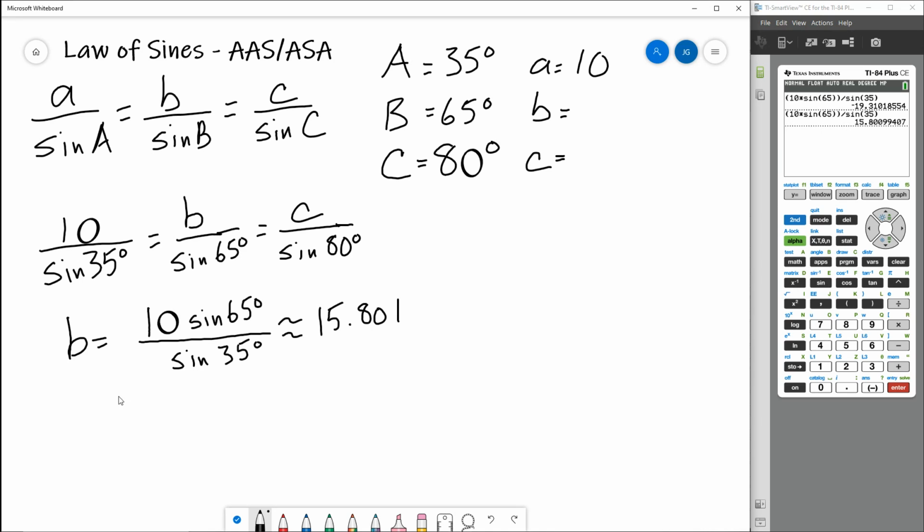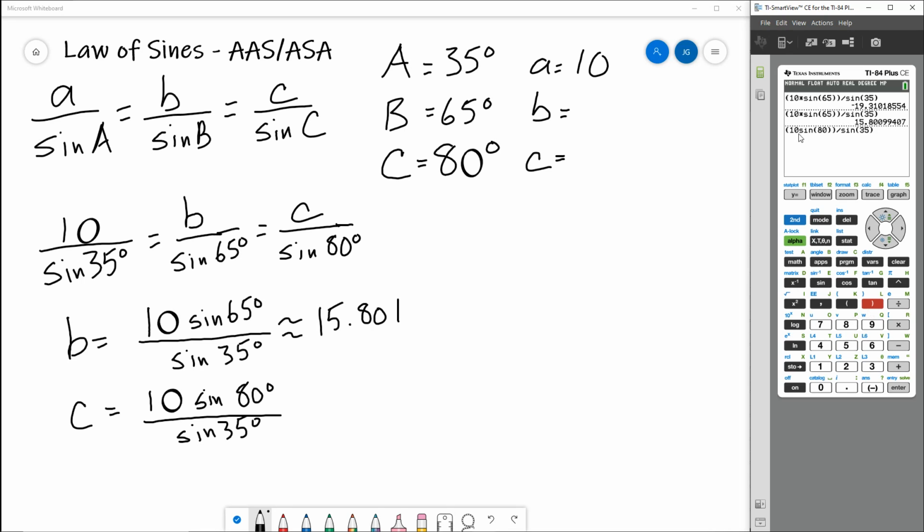Let me do this again for c. So again, I'm going to set up that same equation. This time c is going to be equal to 10 sine of 80 degrees divided by sine of 35 degrees. Back over to my calculator. 10 sine of 80 divided by sine of 35.